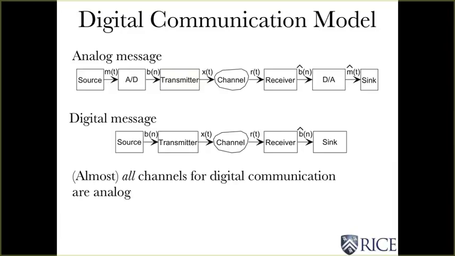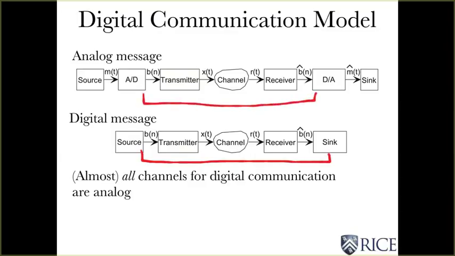There is no A to D converter at all. So the same model and processing apply in both cases, except there's no A to D or D to A in the digital message case. We still have the problem of how to assign analog signals to bits, and how to undo that to receive that bit sequence again.